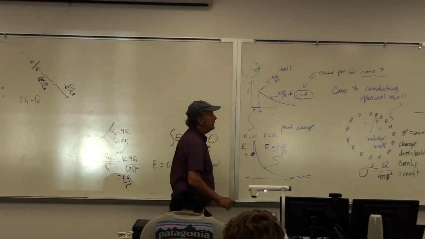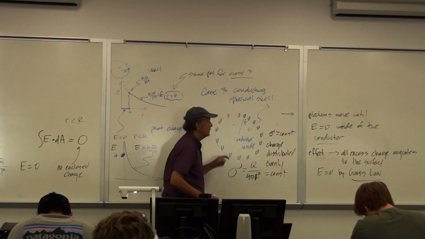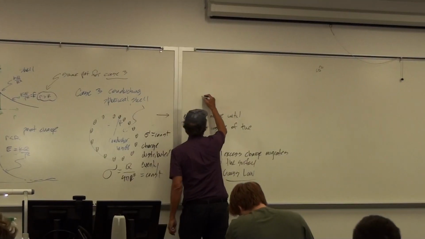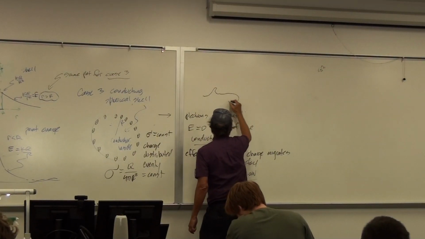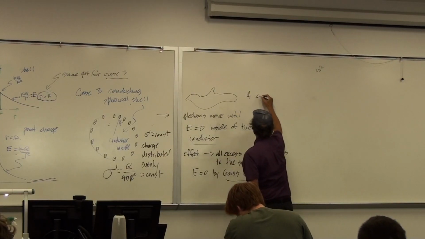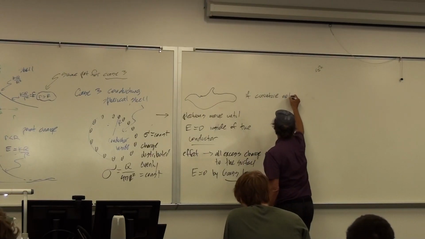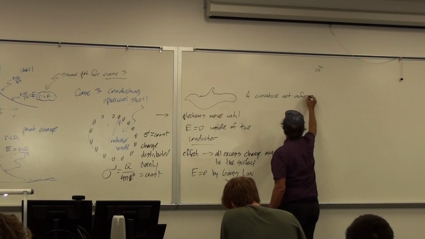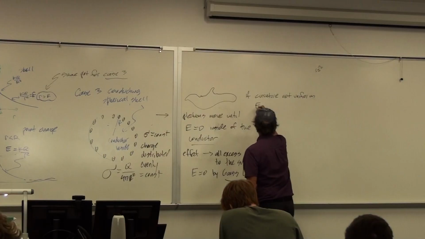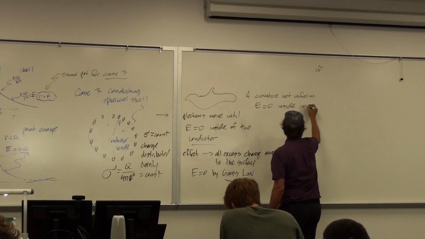But what if the surface doesn't have constant curvature? What if we've got some weirdly shaped surface like this? Well, if the curvature is not uniform, E will still be equal to 0 inside of the conductor.